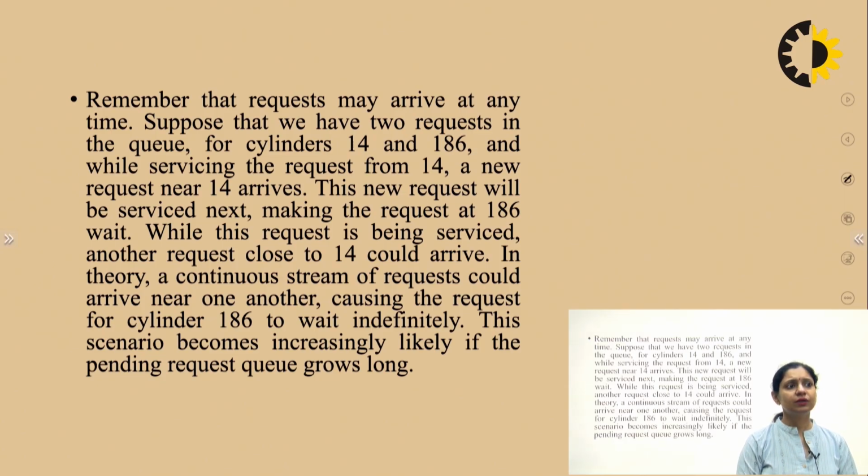So in that case, the request near 14 would be taken up, while 186 will keep on waiting indefinitely. This indefinite waiting of 186 becomes a serious issue, because that pending request keeps the queue growing longer and longer.